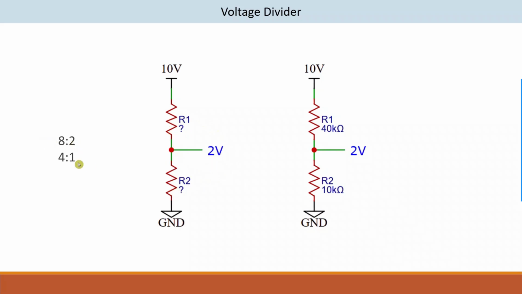If we divide by 2, it will be 4 is to 1. That means R1 will be 4 times R2. So 40K and 10K, where 40K is 4 times R2. It depends on you how much resistance you are going to use, and keep in mind that R1 will be 4 times R2.